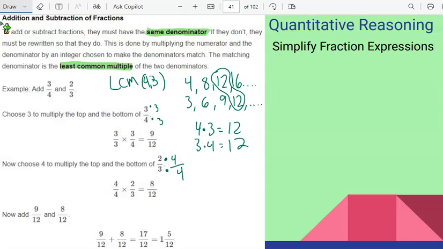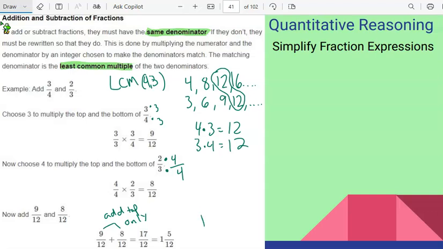Then we get 8/12. Now that we have the same denominator, we can add them. We only add the top part, and you keep the denominator as 12. We have 17/12, which is the same thing as 1 and 5/12.